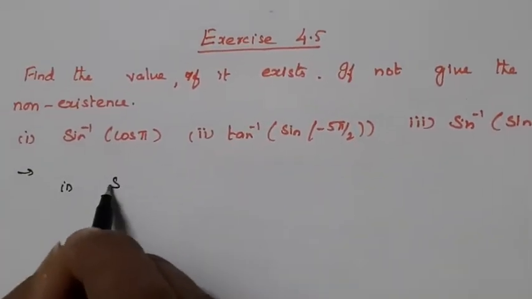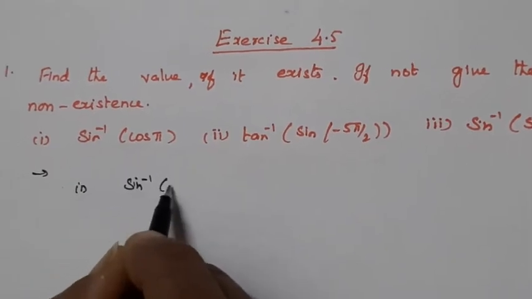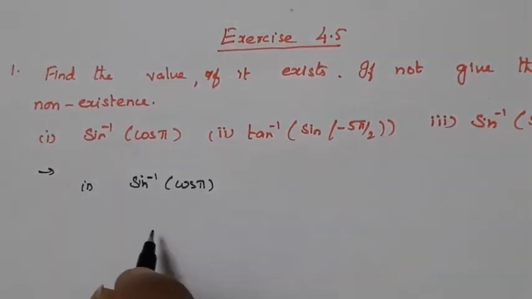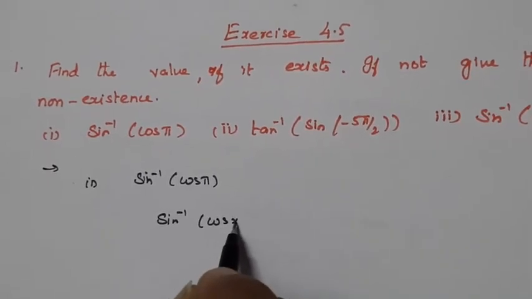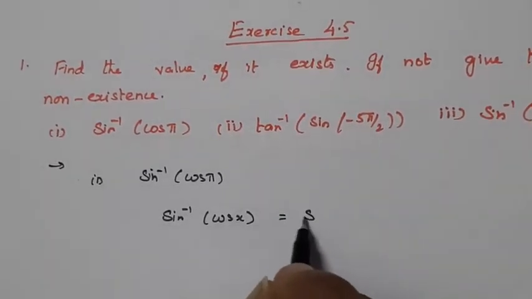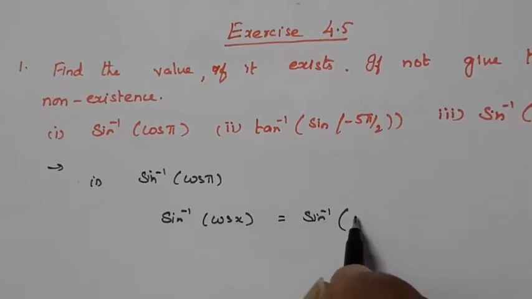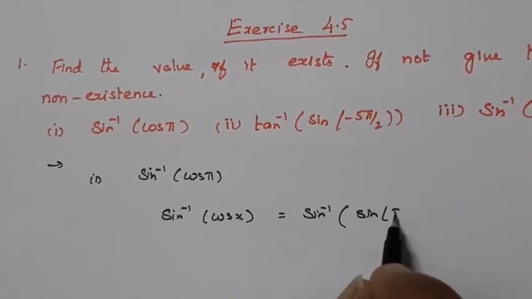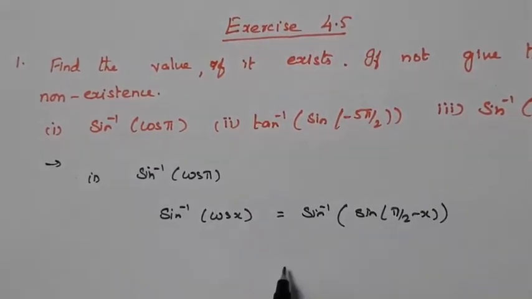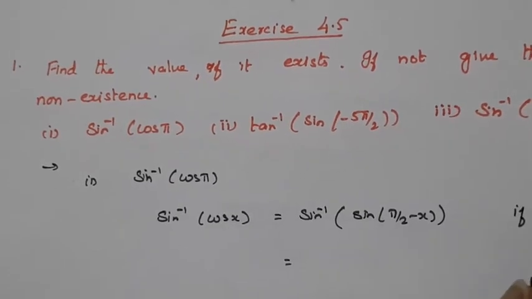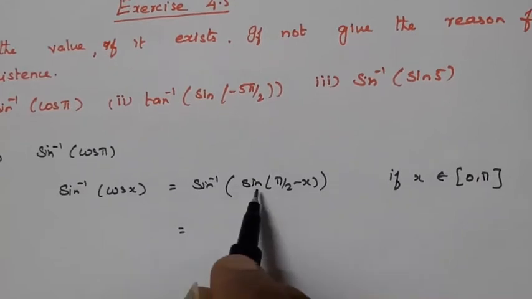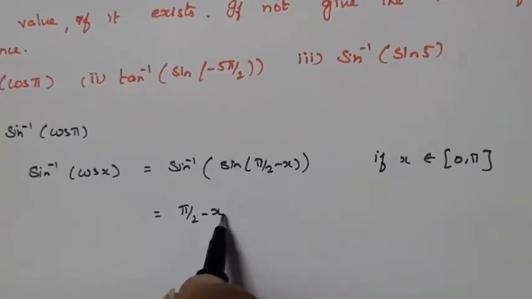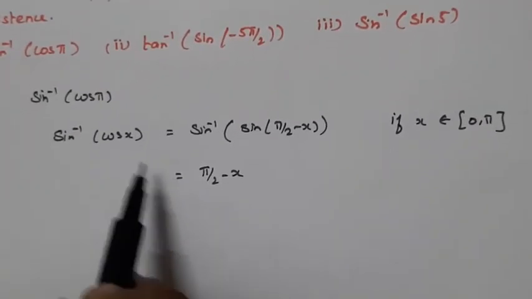Now let us do the first subdivision. First problem is sine inverse of cos pi. Right. So sine inverse of cos x can be written as sine inverse of sine of pi by 2 minus x, if x belongs to the closed interval 0 to pi, and then sine inverse of sine will be pi by 2 minus x. Already we have seen this formula as a remark.